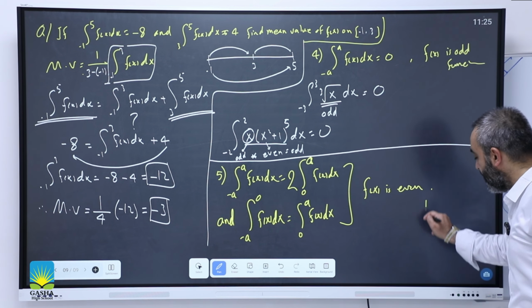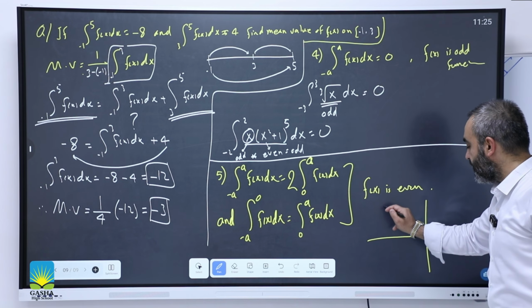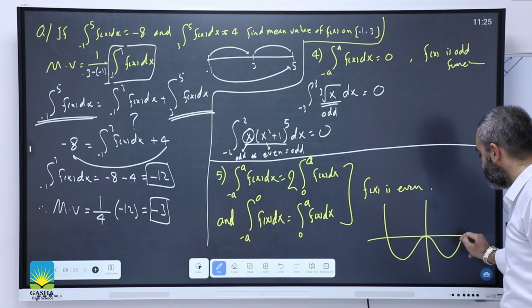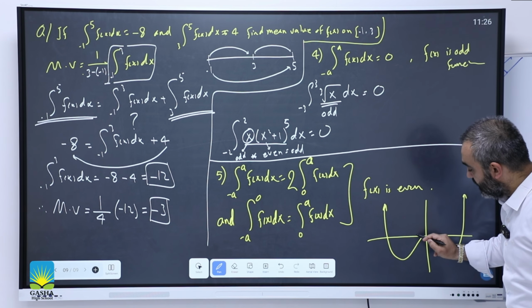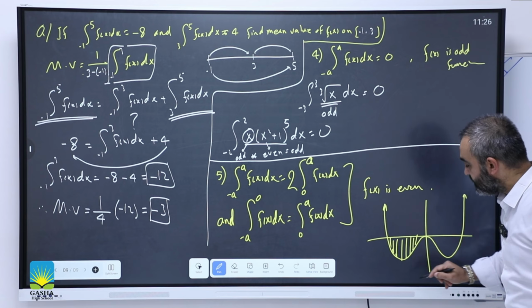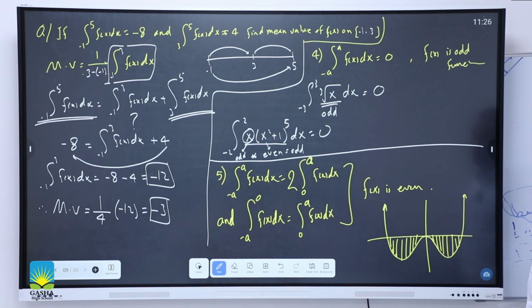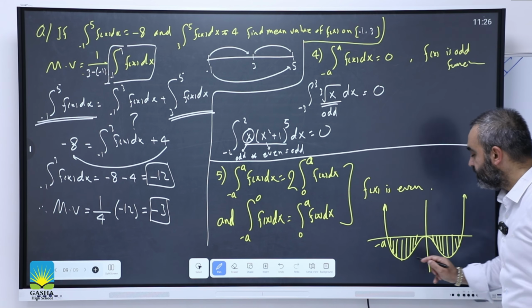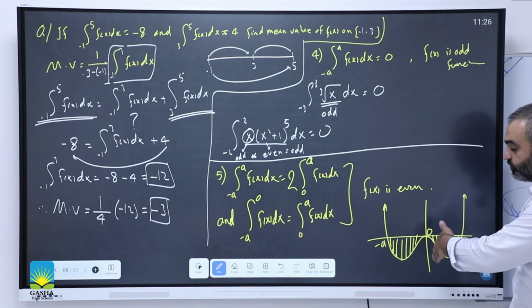Why? Because for any graph of an even function like this, the left part is equal to the right part. So negative a to a becomes 0 between them.